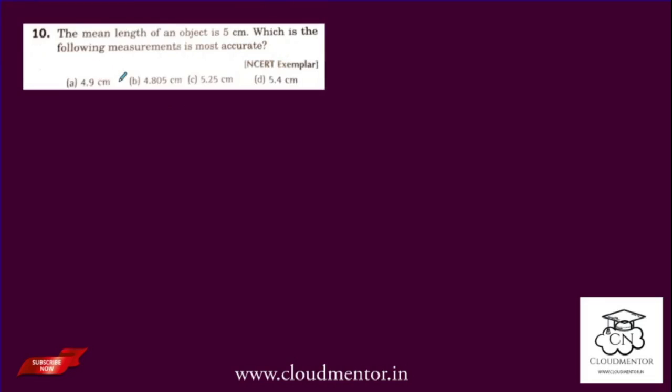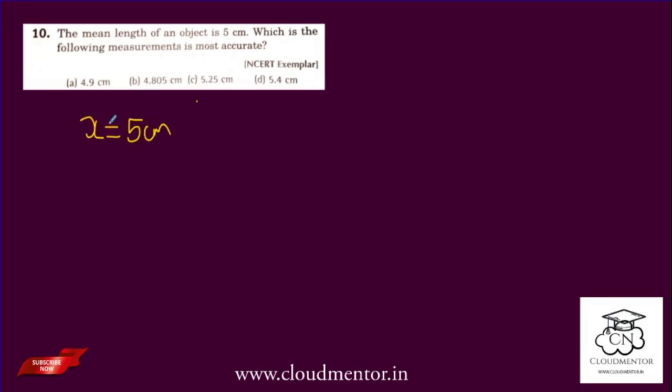Okay, next question. The mean length of an object is 5 centimeter. Which of the following measurements is most accurate? Here we have the options and we need to find the difference between this mean length and all these values. The mean length x is equal to 5 centimeter.